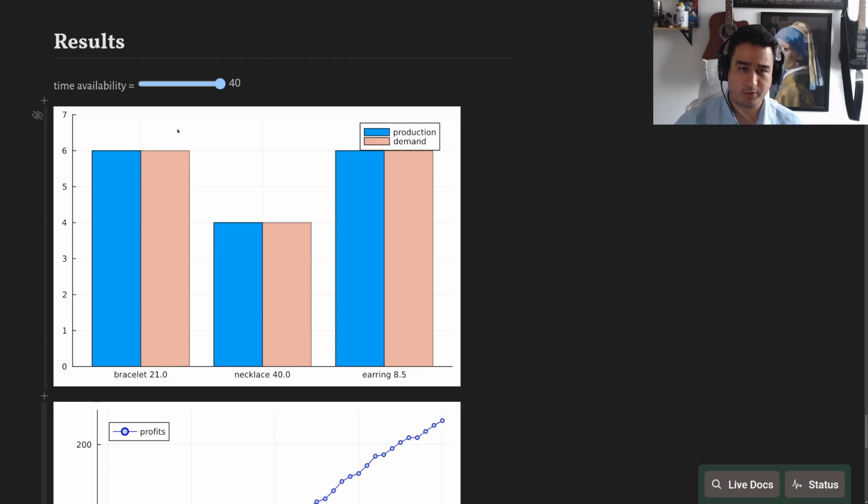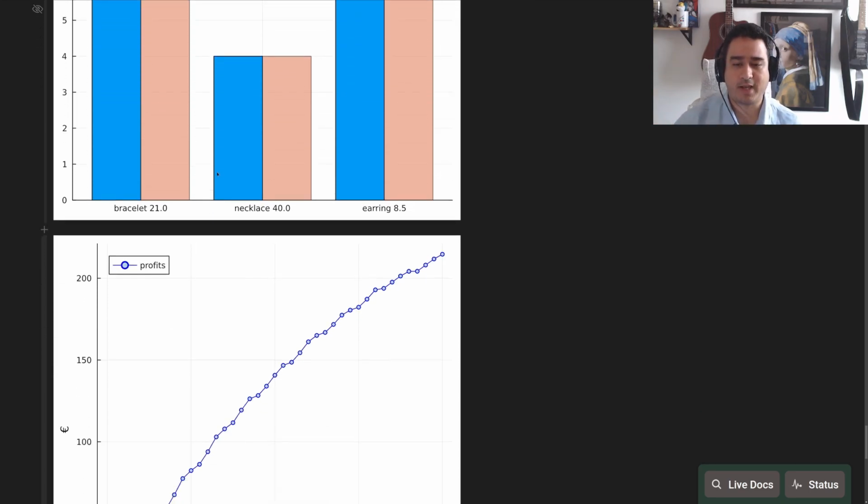But if you build another bracelet, you're gonna make less per bracelet. So eventually you're gonna get to that situation at the top of our parabola where it doesn't make sense to increase the price and sell more because you're gonna be making less in total, right? So this is kind of reflected here.